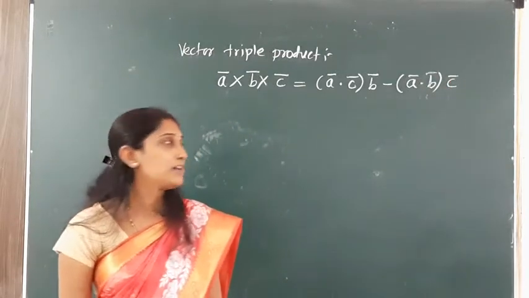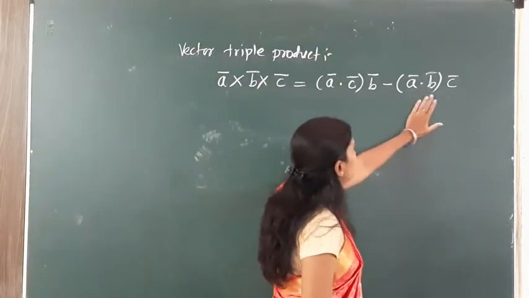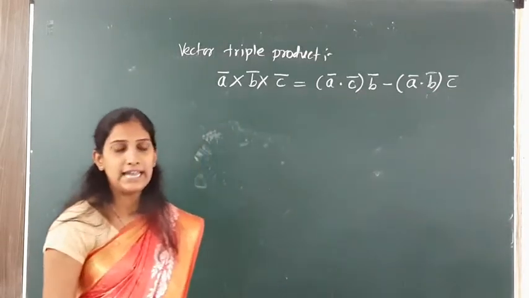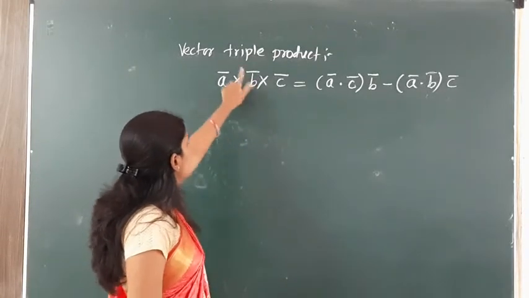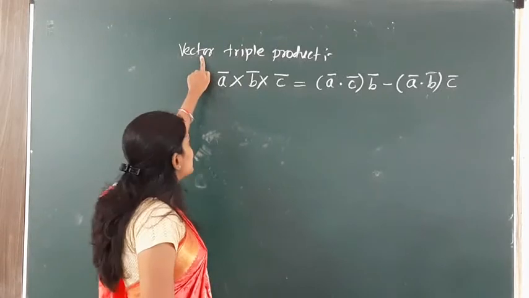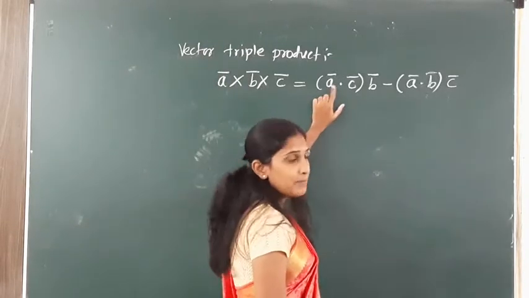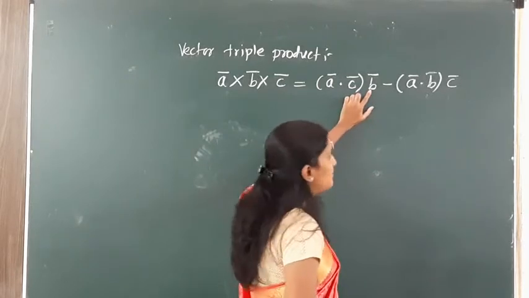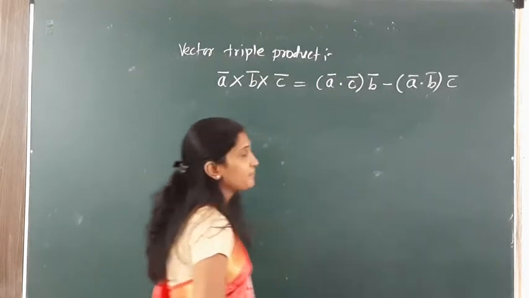This is a very important formula for the CET and JEE. If we multiply three vectors by cross product, then we will get (A bar dot C bar) into B bar minus (A bar dot B bar) into C bar.